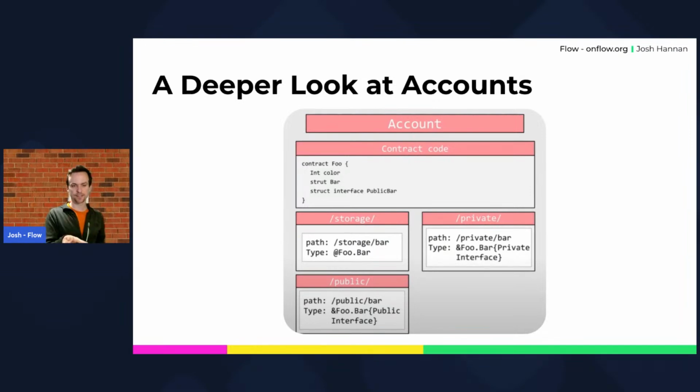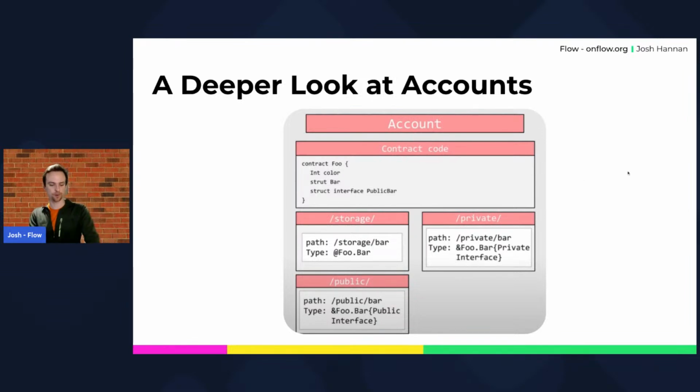Additionally, private is similar to public in that it's kind of like a linking API, but for private, it's still only accessible by you. But you can give the links that are created in this private section to other accounts who you want to have restricted access, but not public access. So I hope that wasn't too confusing.